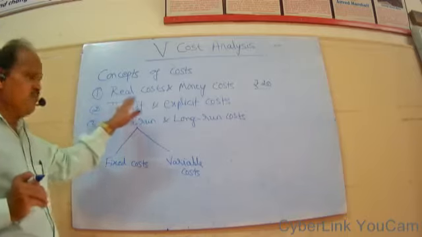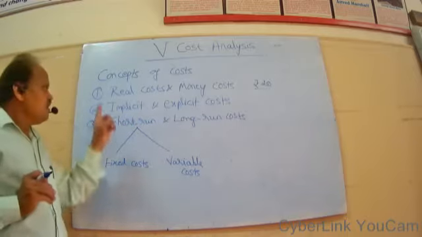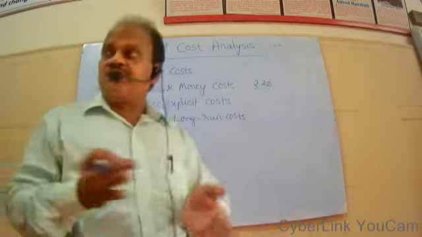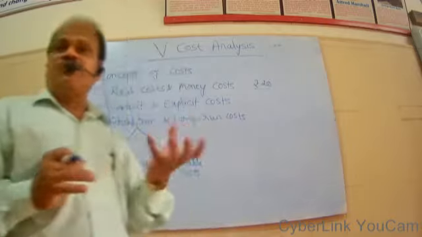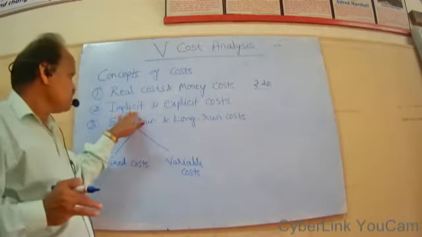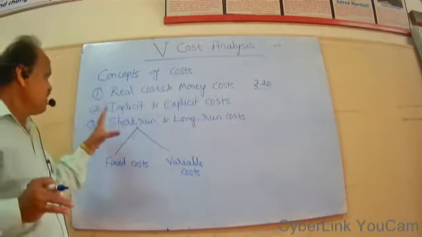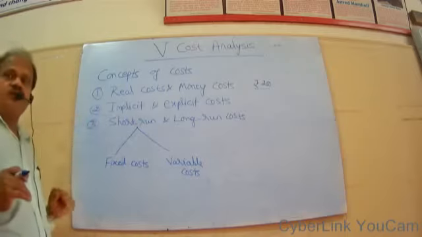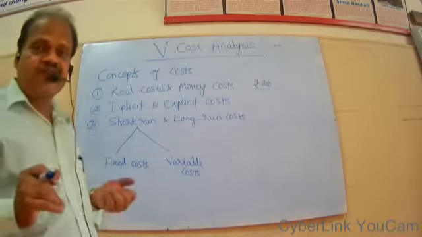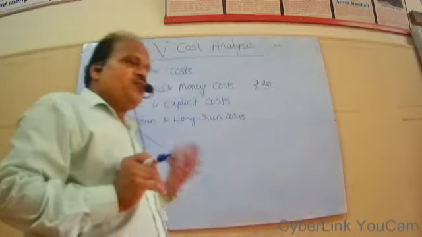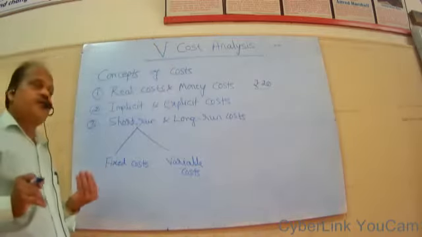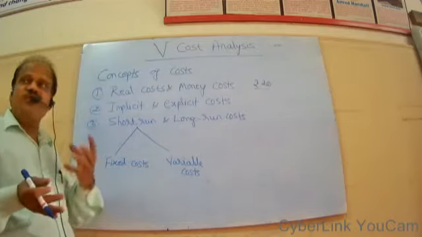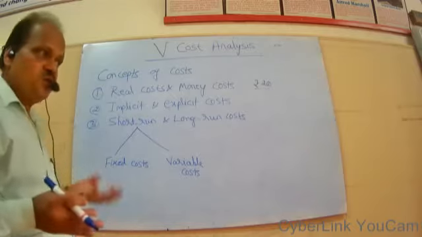They are all implicit costs, and they do not enter into the books of accounts. For example, the cost of his own land, cost of his own capital, cost of a producer if the labor of his family members are used.